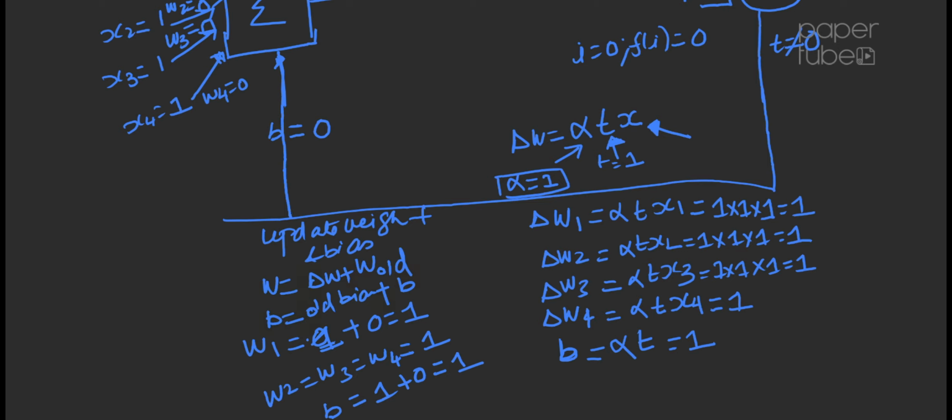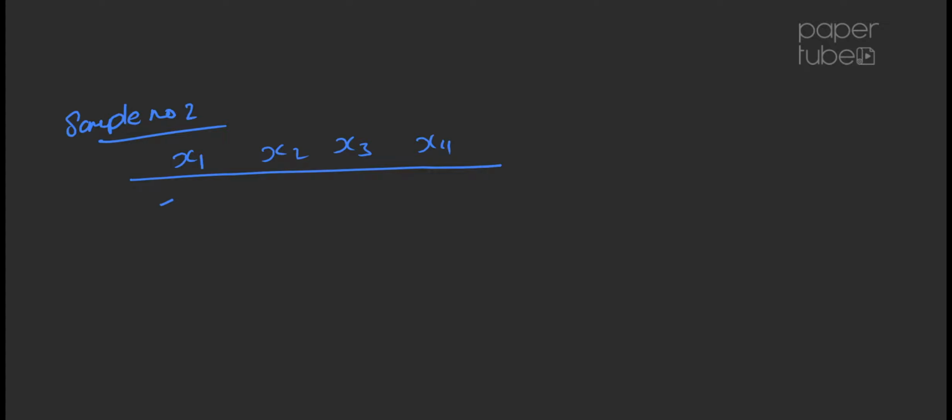So what do I mean by that? We have sample number 2. For sample number 2, x1 is -1, x2 is +1, x3 is -1, x4 is -1, and the corresponding target is 1.